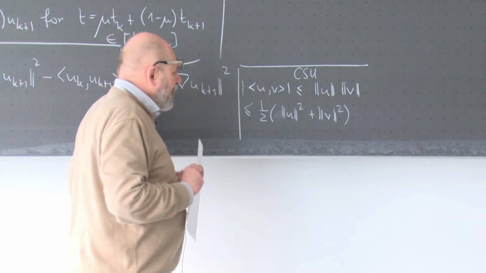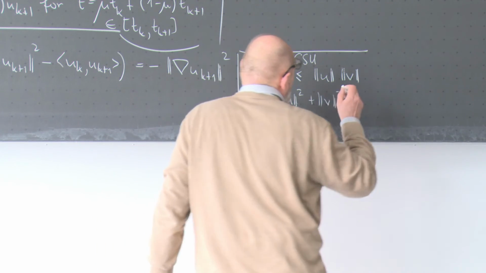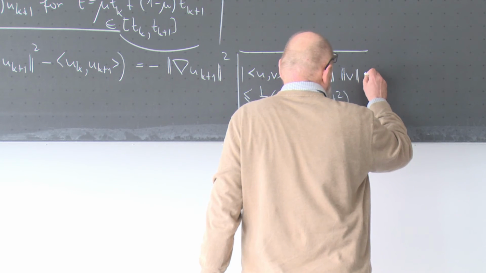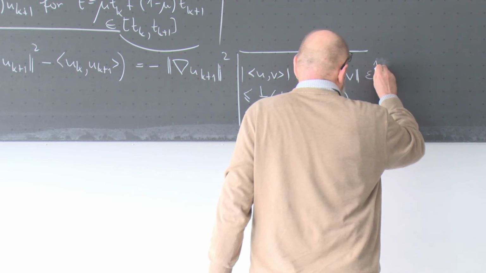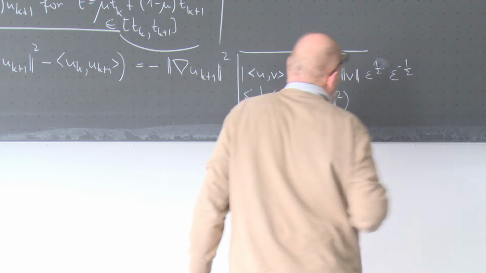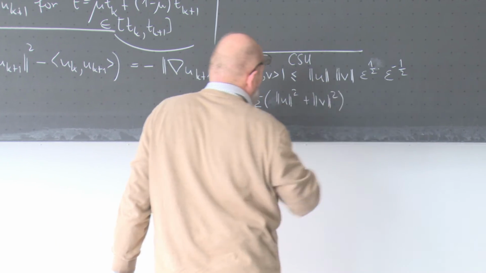But of course, maybe for further notion, we can have here, so to speak, square root of epsilon times epsilon to the minus 1/2, and we plug in these factors here.